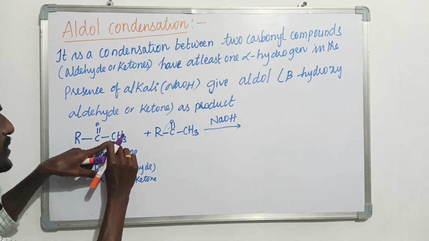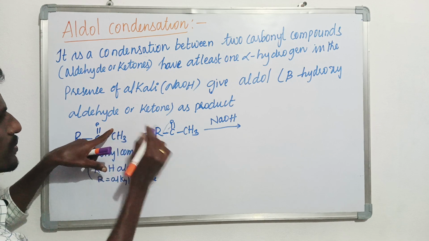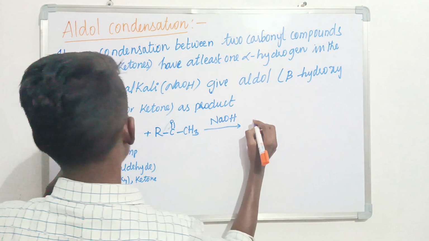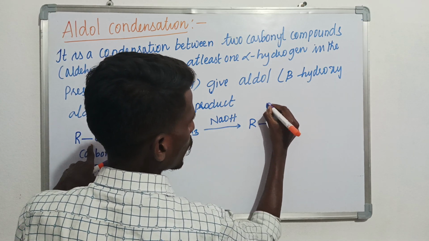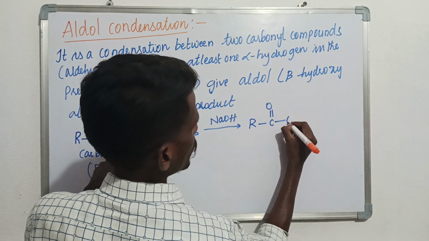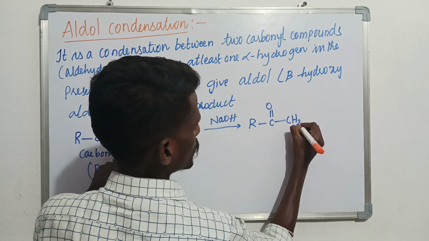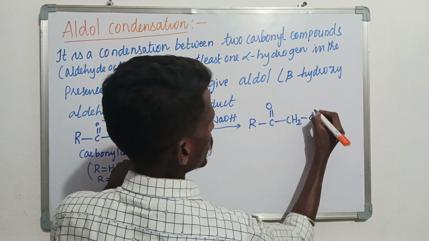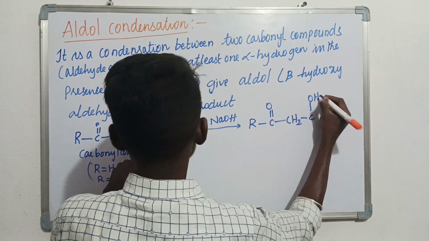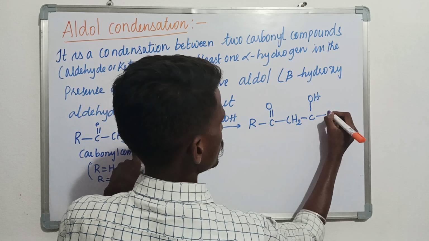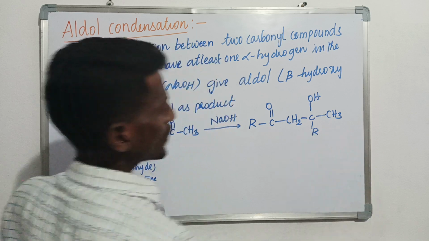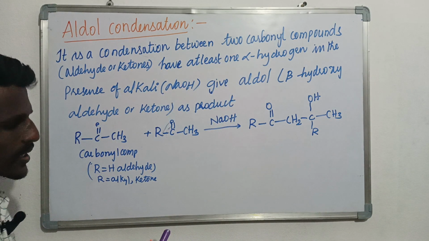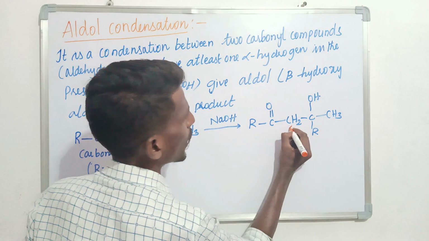So the linkage will be formed between these, and it forms R C double bond O CH2, then CH(OH) and CH3 with the R group here. This is called an alpha hydrogen.